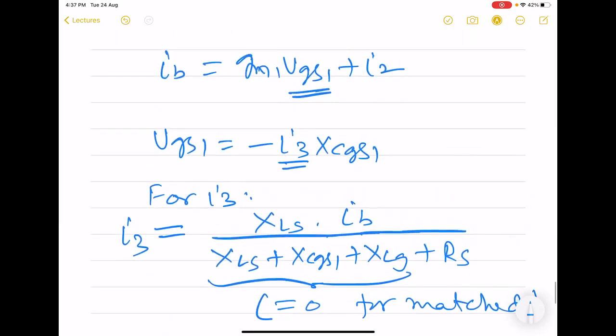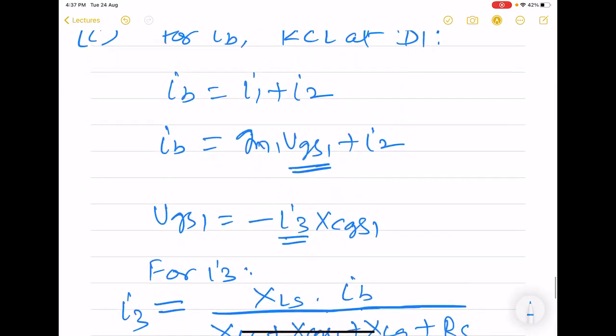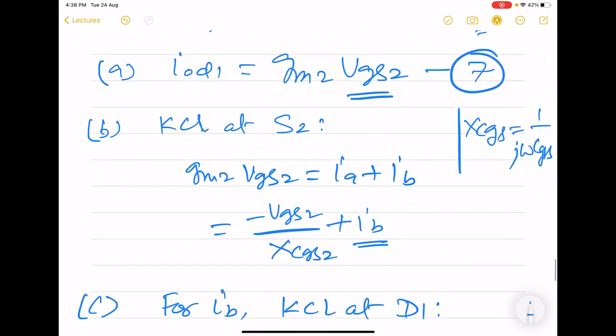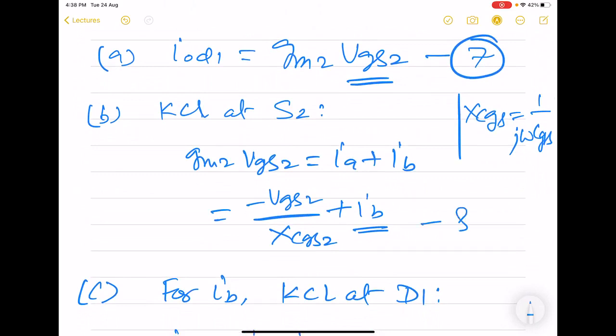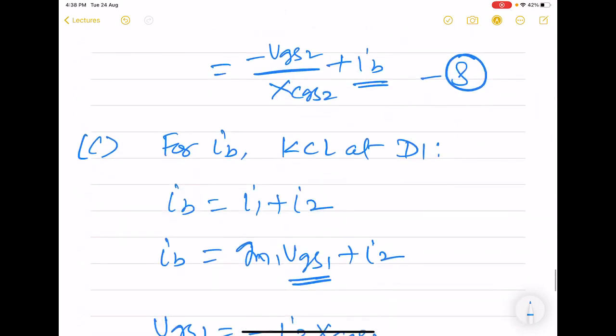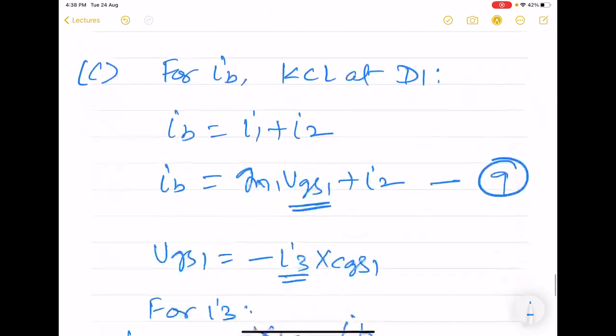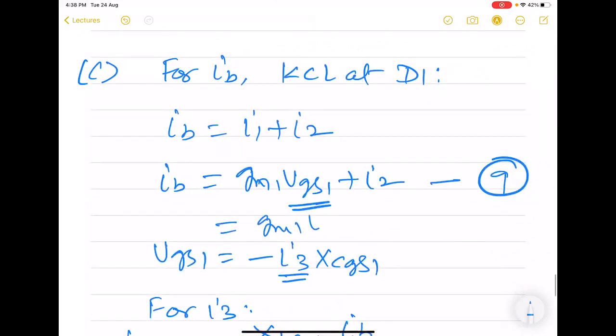Now we can go to this equation, which we should name. This is 7, then we can call this as 8, and we can call this as 9. And by the way, I2 is ID1. So we can call this as in fact 9.